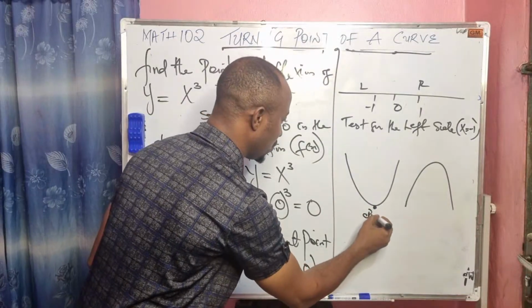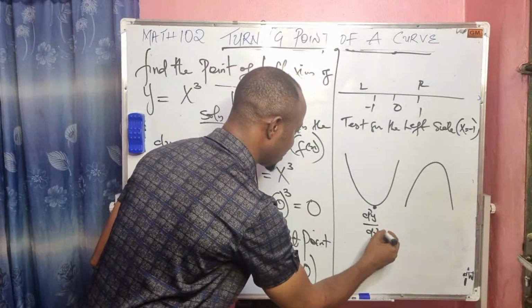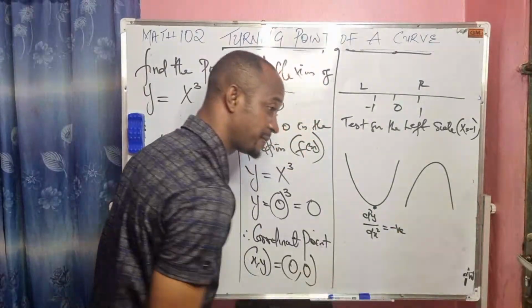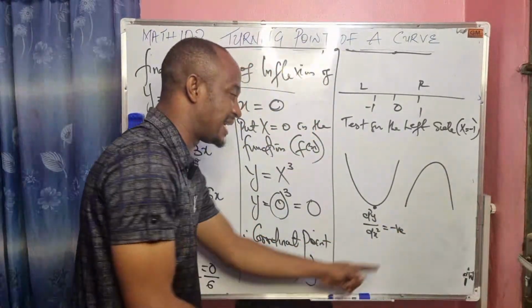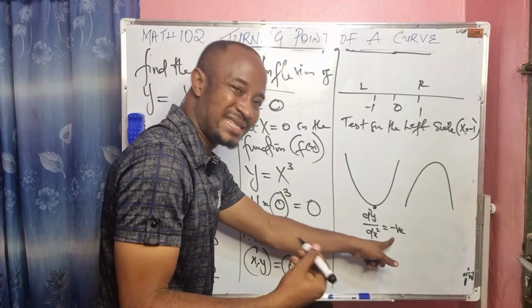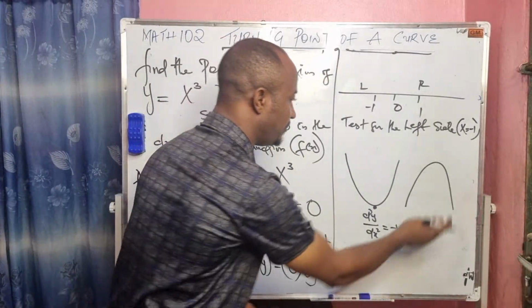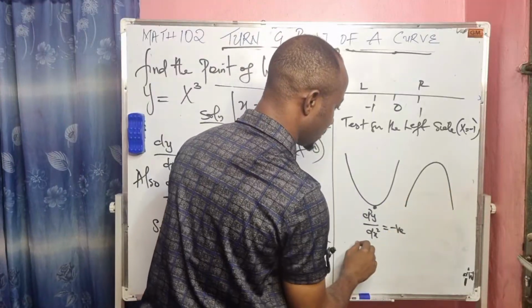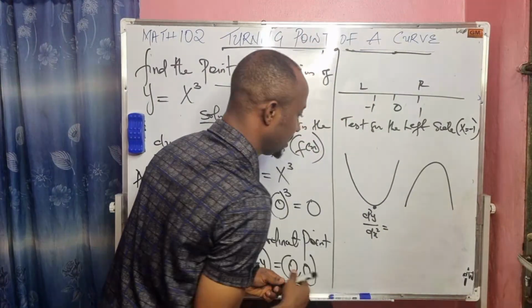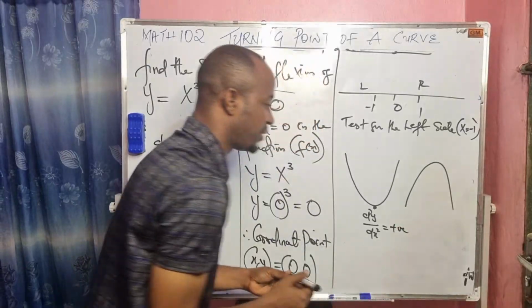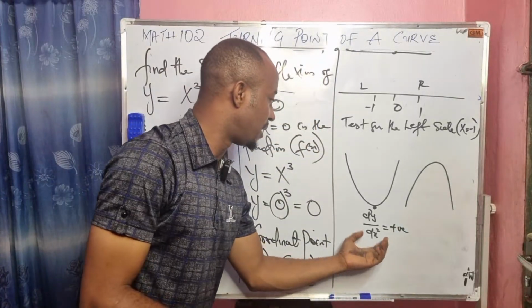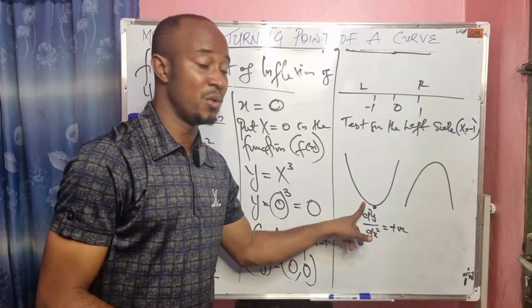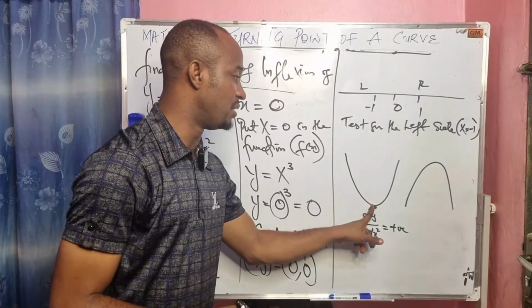That means our d2y over dx squared is negative, meaning it is less than 0. Any number less than 0 is negative. Don't forget. Sorry, this is positive. Positive is for minimum, right? When it's greater than 0, we have a minimum.